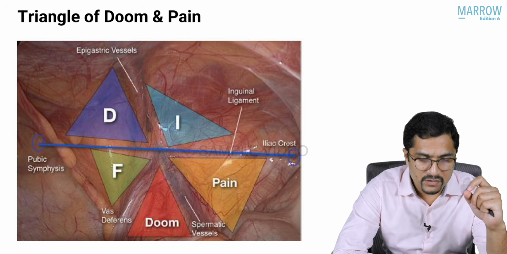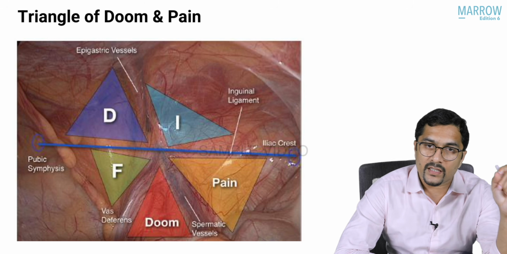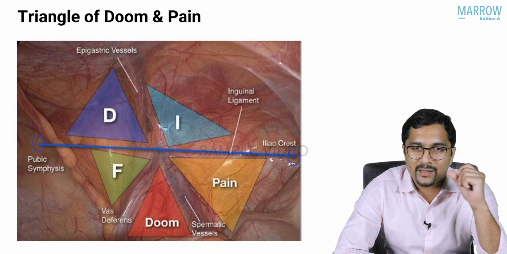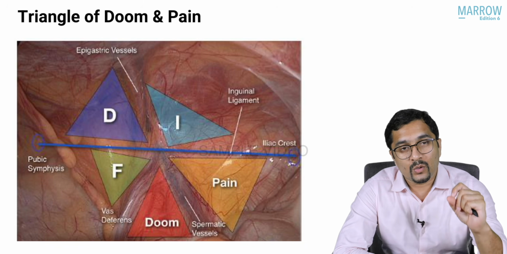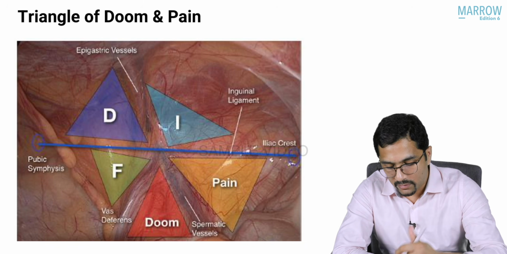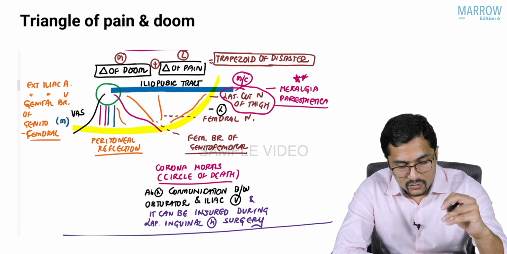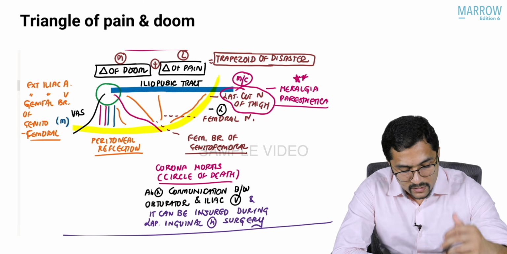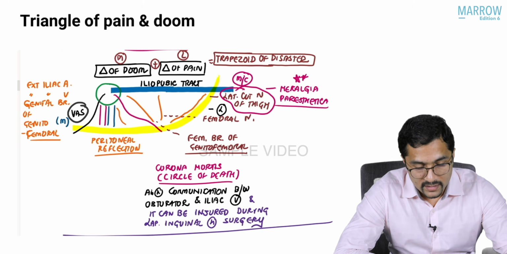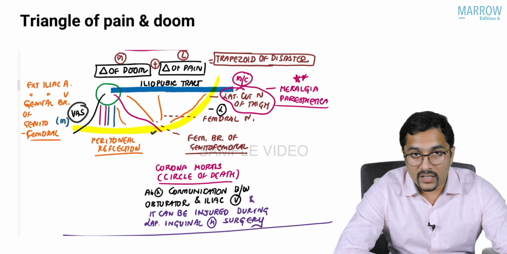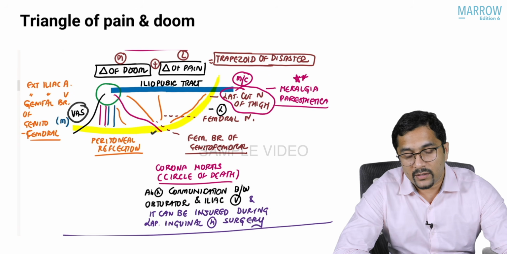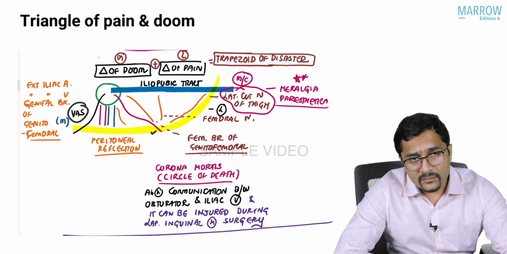Now, one question which has been asked multiple times in the last 5 years is the triangle of doom and pain. This probably is the most important thing when it comes to inguinal hernias. Triangle of doom is bounded by the vas deferens medially, the testicular vessels laterally, and the peritoneal reflection inferiorly.